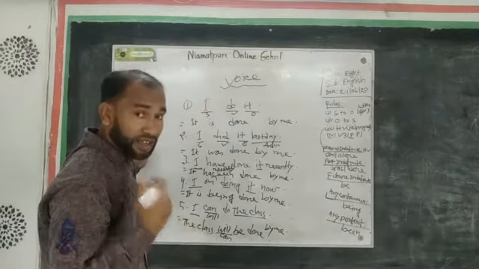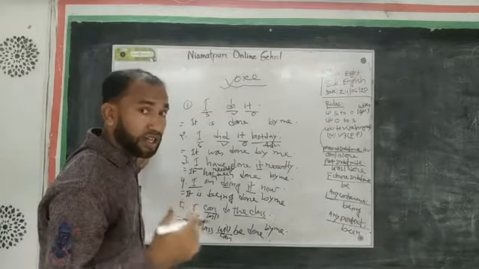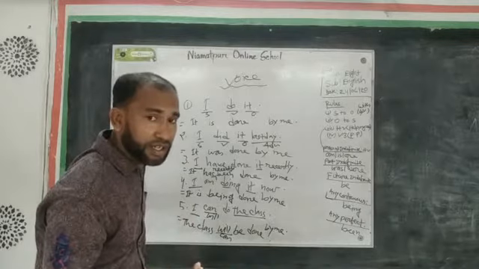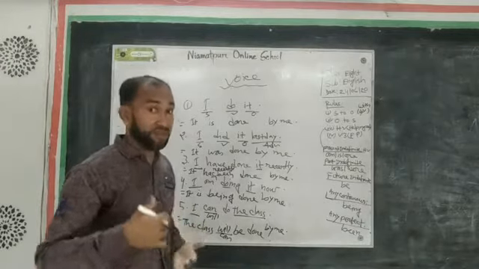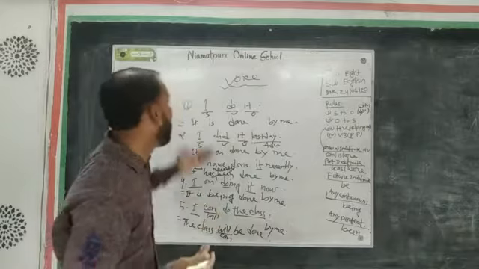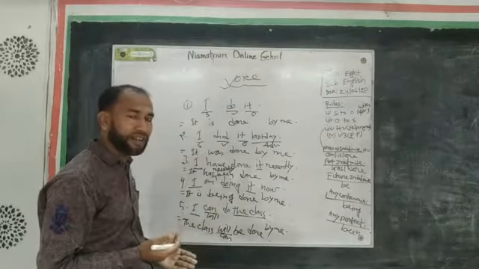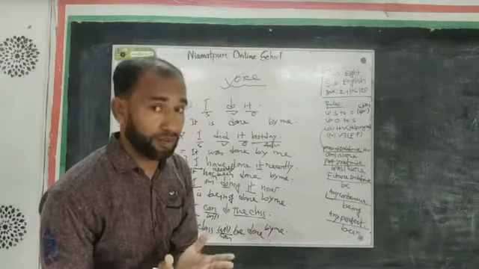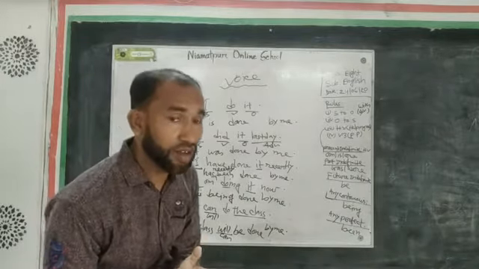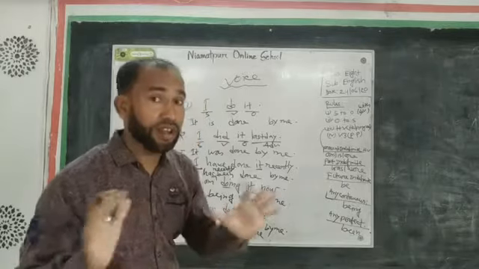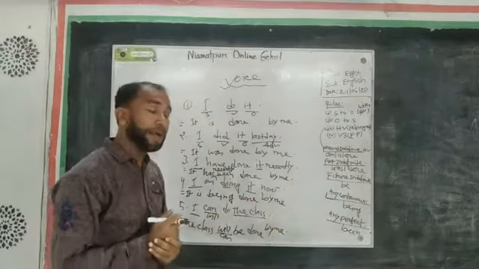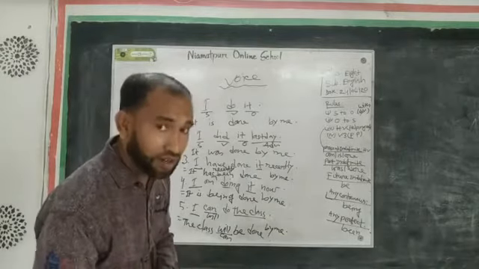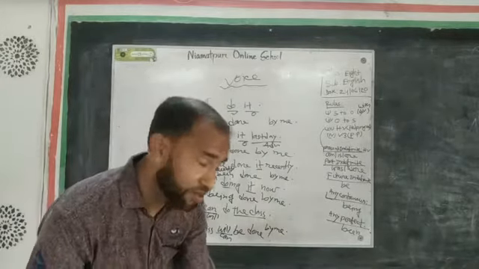Number 1, voice of assertive sentence. Number 2, voice of interrogative sentence. And number 3, voice of imperative sentence. I think you have understood well in the classes. Any problem, you can comment in the comment box. Thank you, dear student.